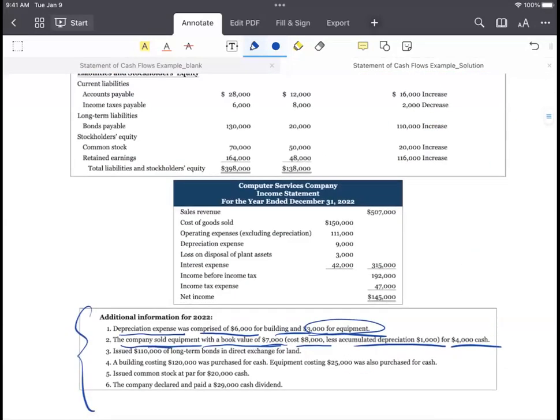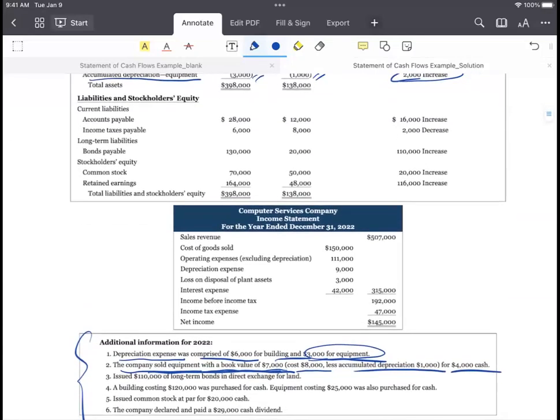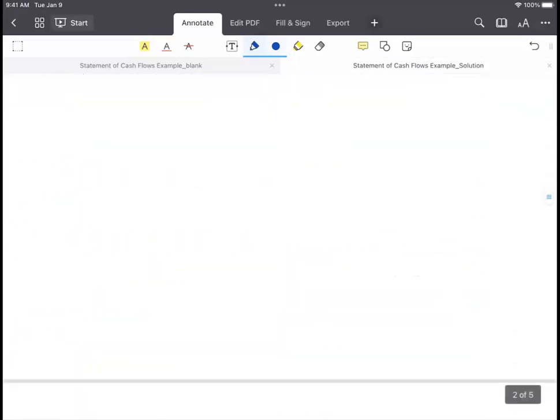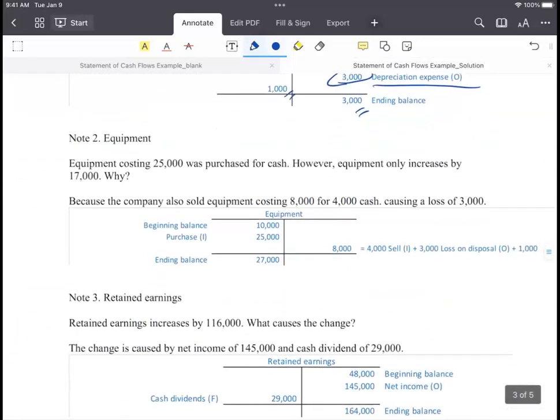This information is also telling us that the firm sold the equipment with a book value of 7,000, which cost 8,000. So let's decompose the firm's equipment account. Beginning balance 10,000, ending balance 27,000. The equipment account increased by 17,000.